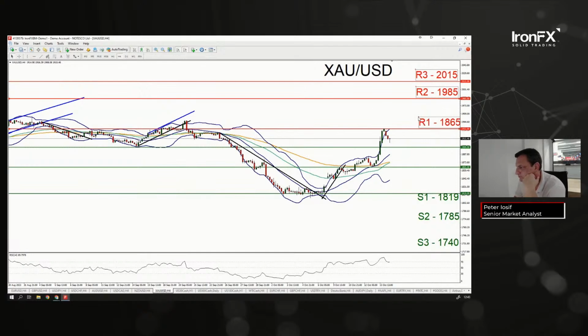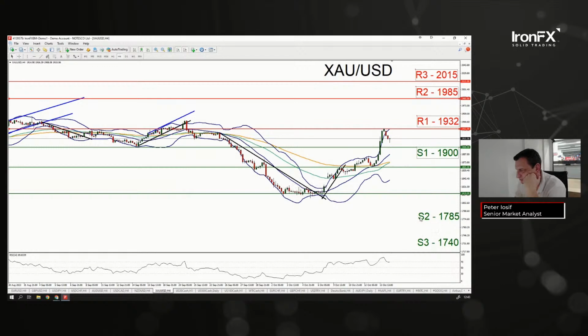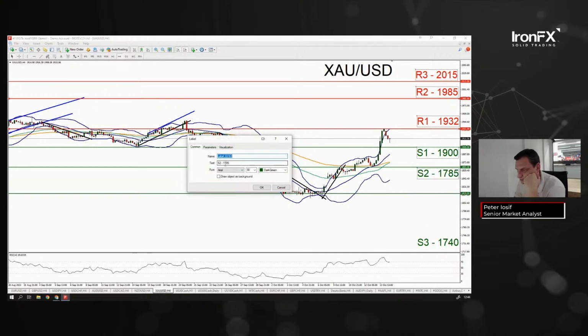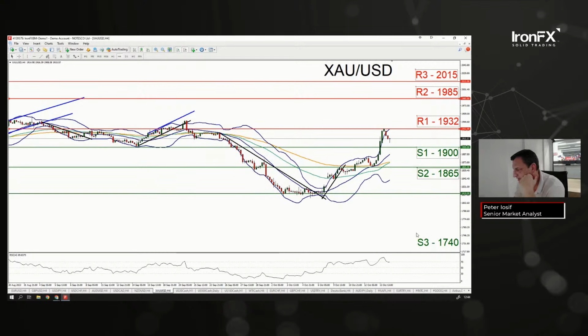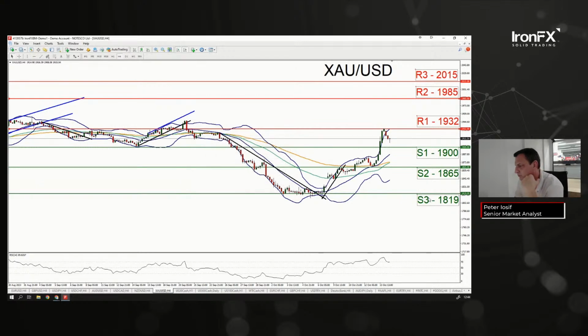Yep. $1,900. $1,865. And finally the S3 at 1,819. Locking everything in.